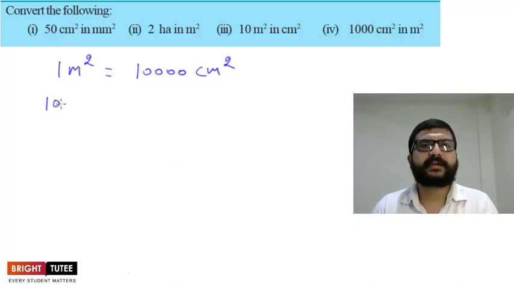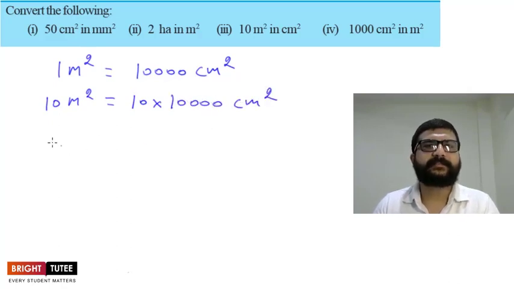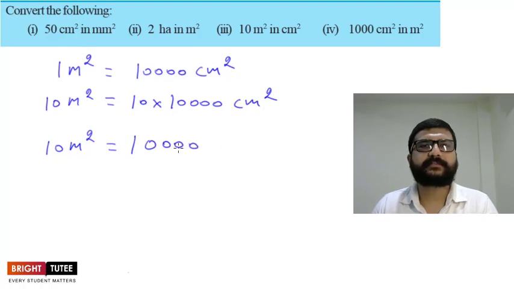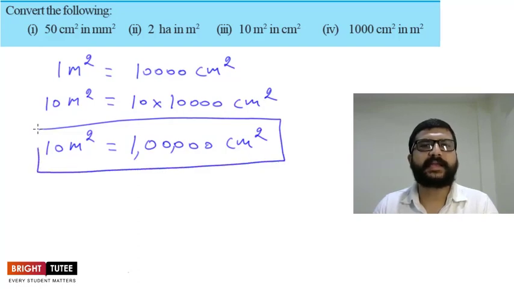So therefore 10 square meters will be equal to 10 into 10,000 square centimeters, and by simplifying this we get 5 zeros square centimeters. This is 1 lakh square centimeters. So we got 10 square meters is equal to 1 lakh square centimeters. This was the third question.